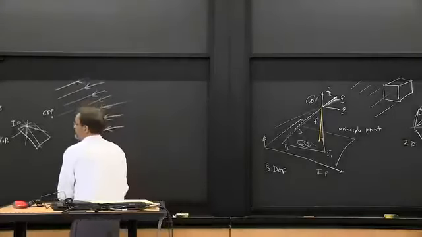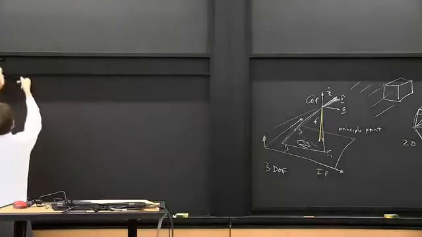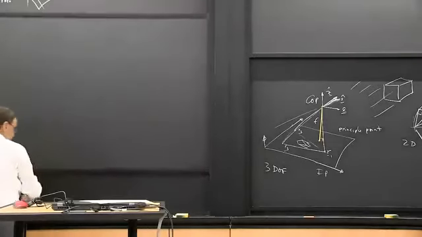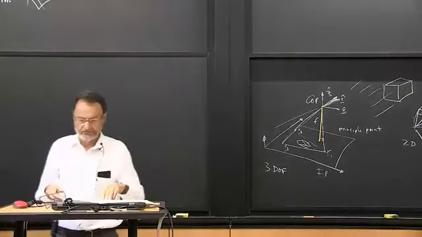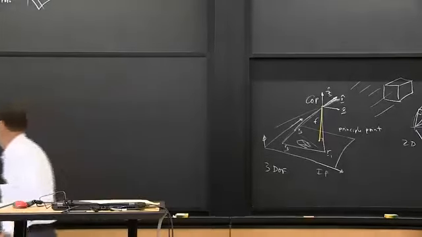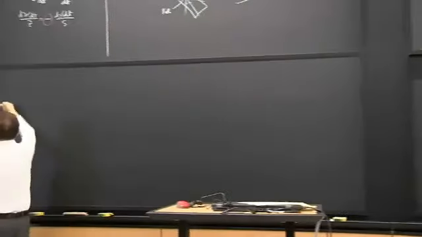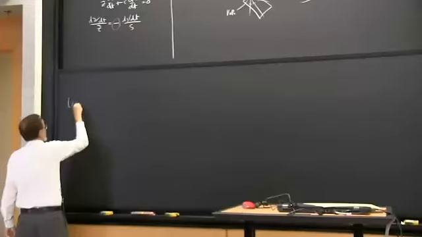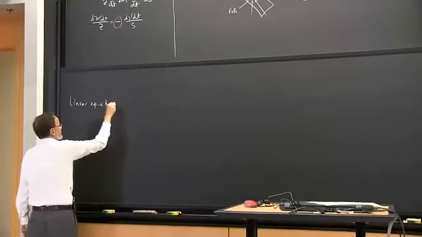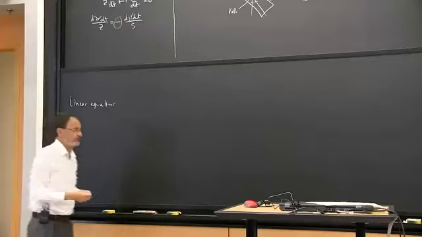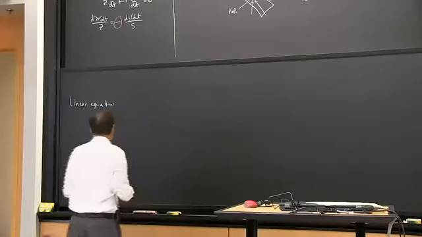I want to just talk a little bit about some of this. It's all very simple and basic, but it's good to remind ourselves of these things. So we'll start off talking about linear equations. And whenever we can, we'll try and reduce things to linear equations because we know how to solve those.